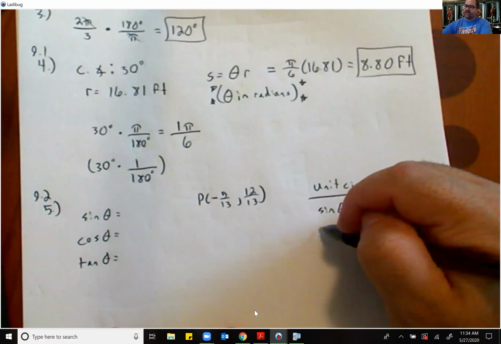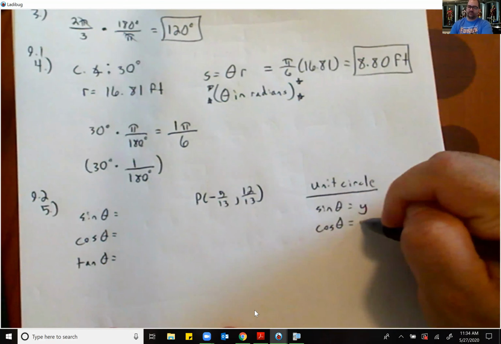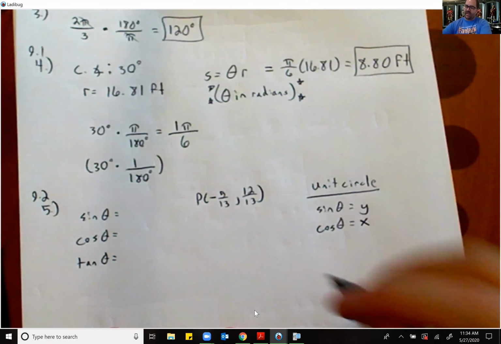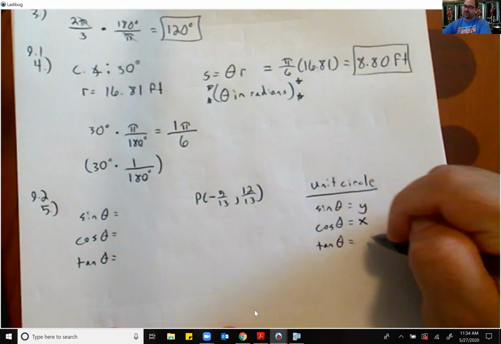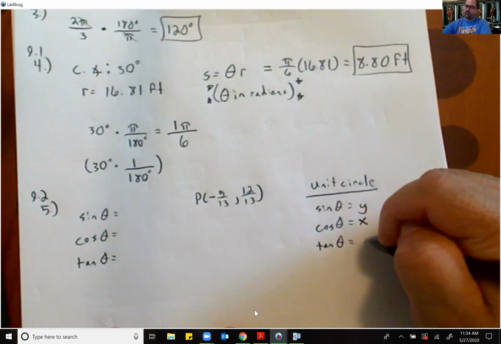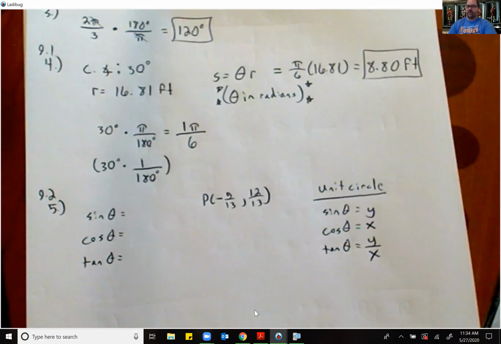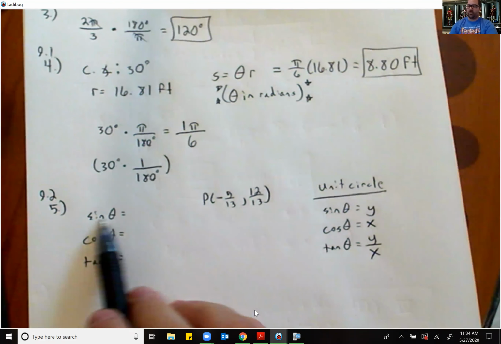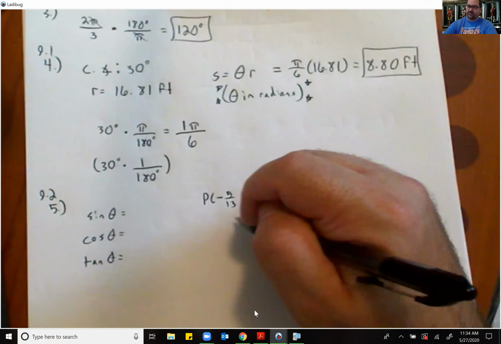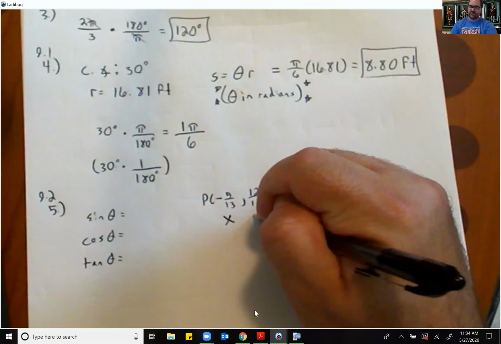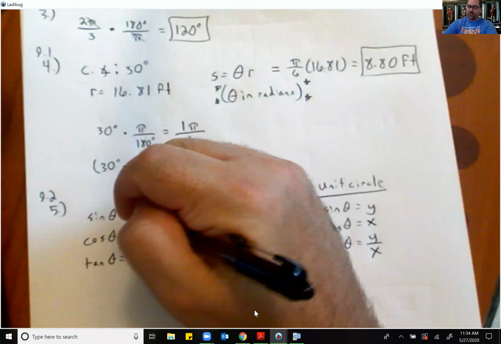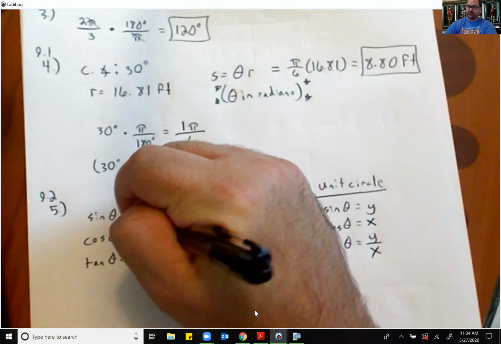Cosine theta is equal to x. Tangent theta is equal to y over x. So all you have to do is fill in. Sine theta is whatever y is. Remember, this point is made up of x, then y, if you forget. So sine theta is 12 over 13.